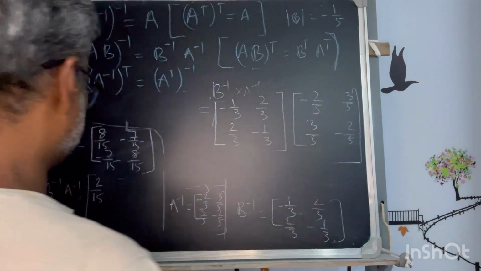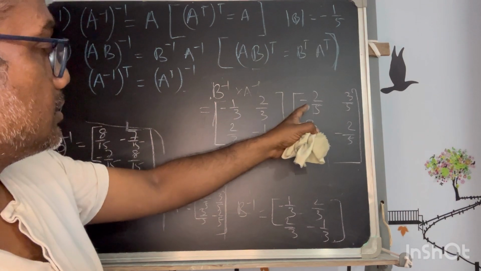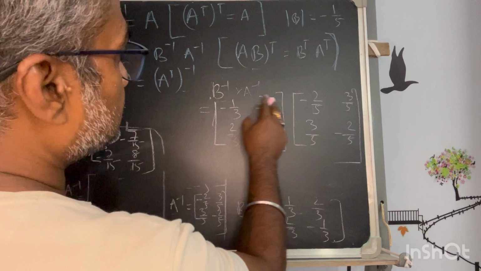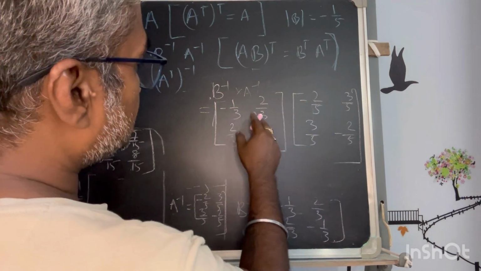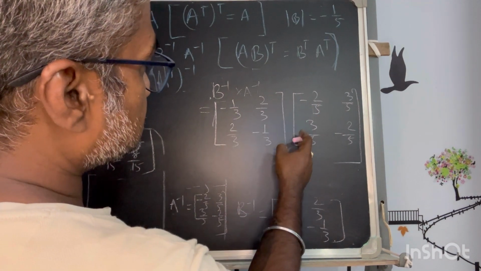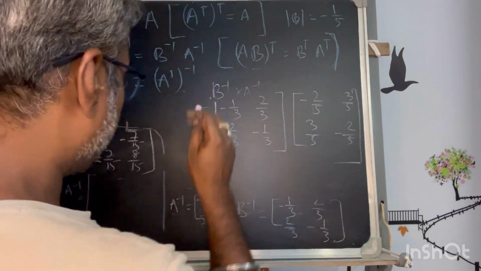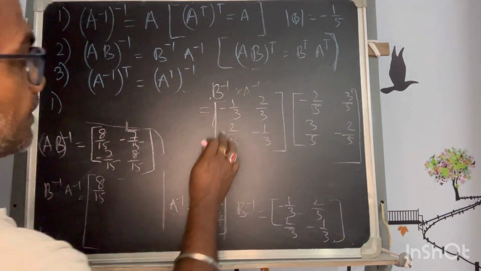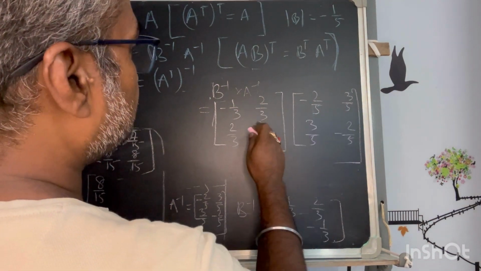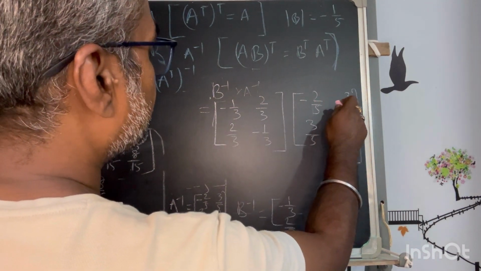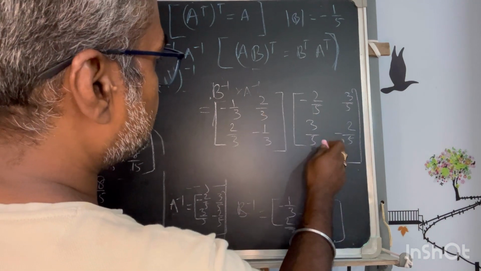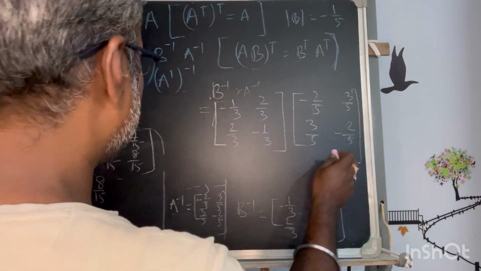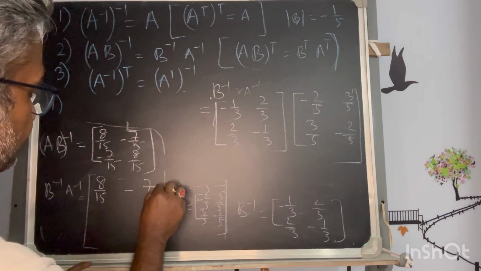Now you multiply this. This into this is 2 by 15 plus this into this 6 by 15. 2 by 15 plus 6 by 15 is equal to 8 by 15. This into this is minus 3 by 15, and this into this minus 4 by 15, minus 3 minus 4, that is going to be minus 7 by 15.